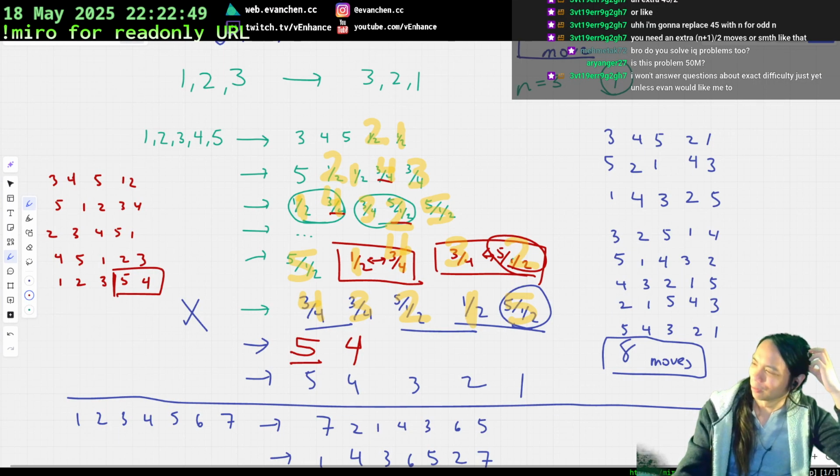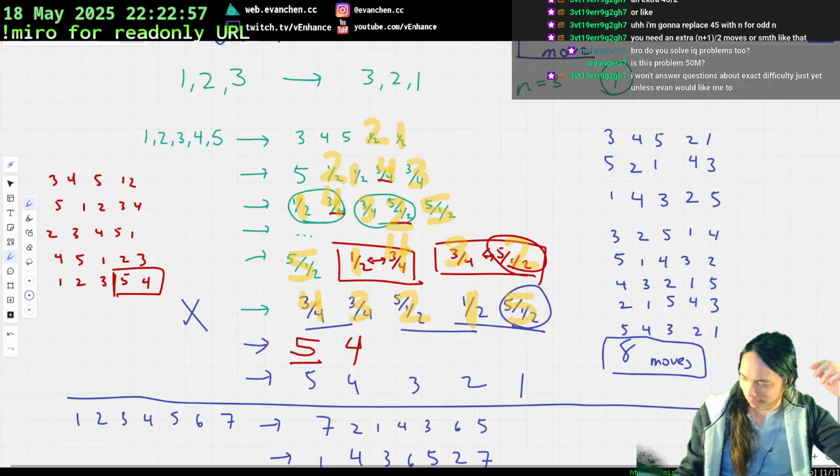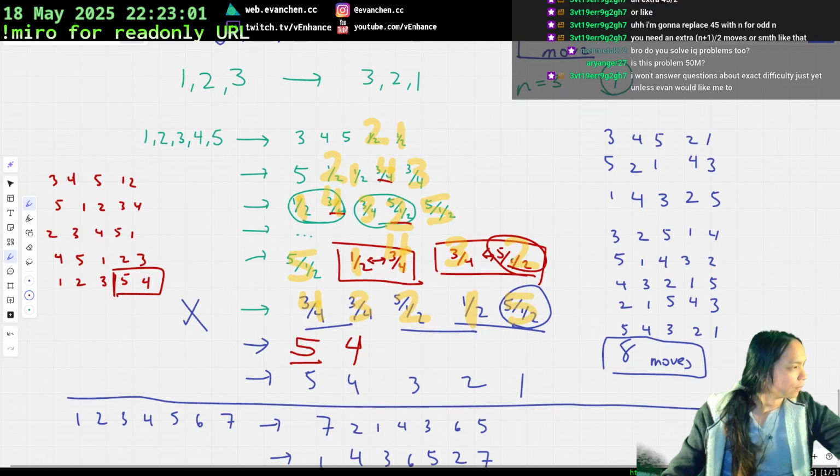Oh, it doesn't even have to be a permutation. So the point is there's really two allowed end states. I'm allowed 5 4 3 2 1 as one acceptable finish state, but what? 5, 1, 2, 3, 4.